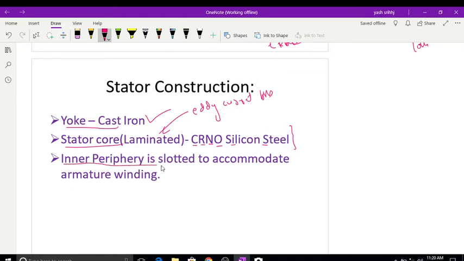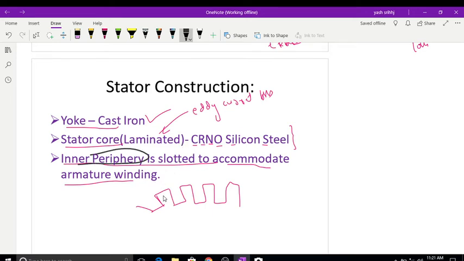And the inner periphery is slotted to accommodate the armature winding. So the stator will be like this generally, and in this inner periphery the armature winding is accommodated.